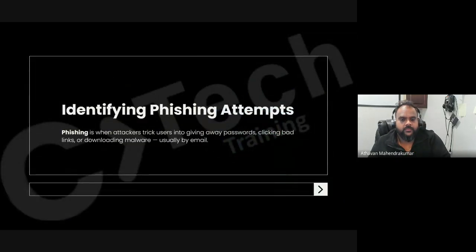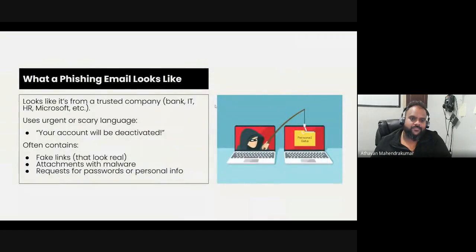Identify phishing attempts. Phishing is when an attacker tricks users into giving away passwords, clicking a bad link, or downloading malware, usually by email. What does a phishing email look like?